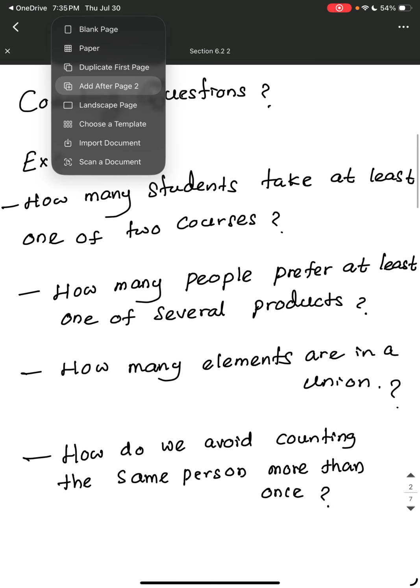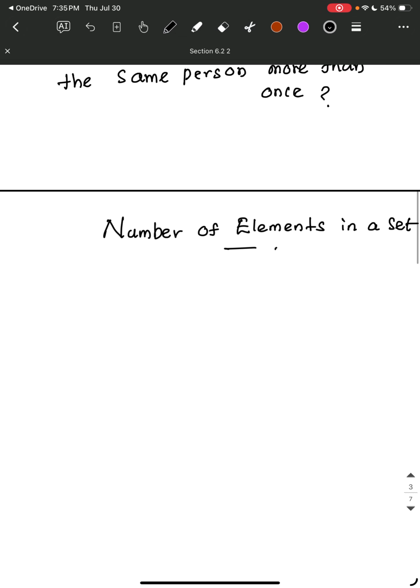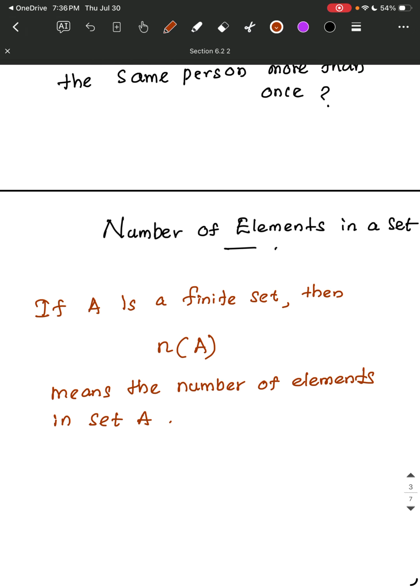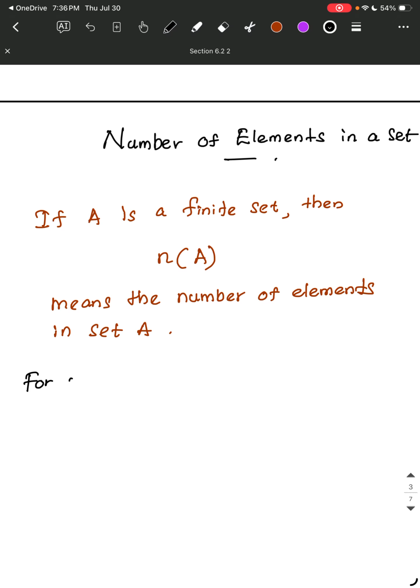The number of elements in a set. If A is a finite set, then the number of elements in set A is represented by n(A), which means the number of elements in set A. For example, set A contains 1, 2, 3, 4.